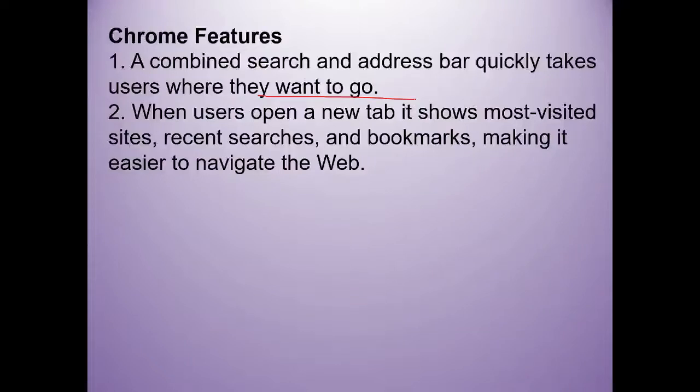So the main basic interface gives the user the basic usage like search and address bar, which is needed all the time for searching. So when users open a new tab, it shows most visited sites, recent searches and bookmarks, making it easier to navigate the web page.